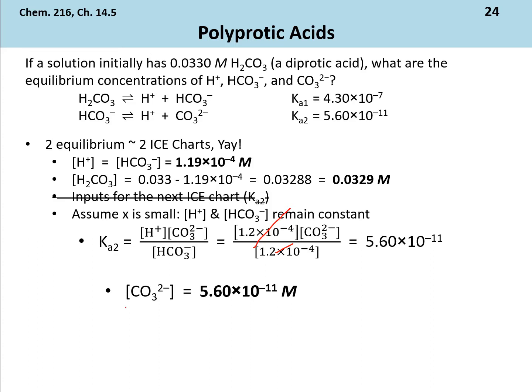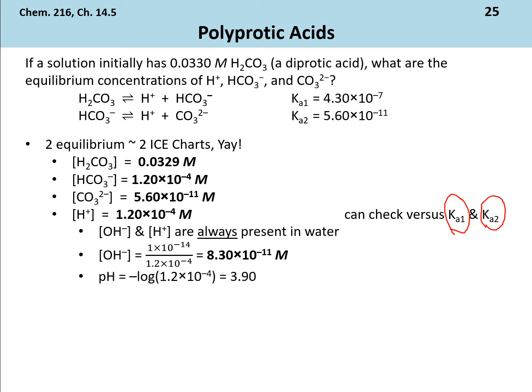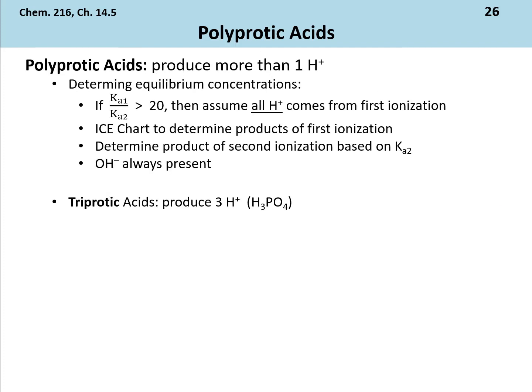And my concentration of the CO3 2 minus is just going to be equal to the Ka2. Okay. All right, so these are my values. I can use Ka1 and Ka2 to make sure everything is right. I can also figure out the concentration of OH minus there and the pH. Okay. All right.